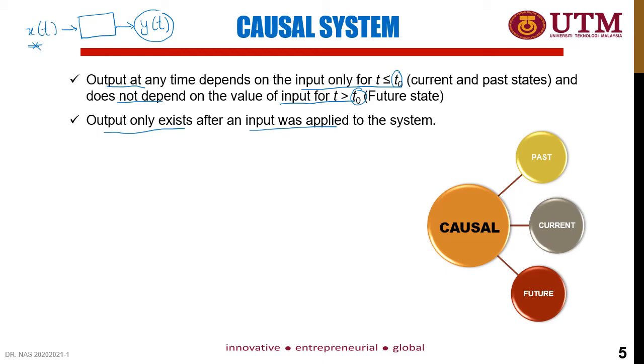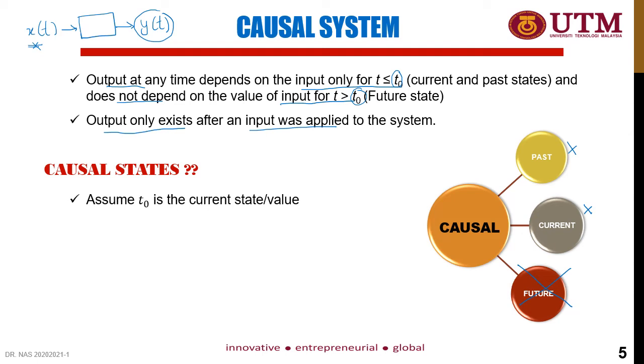Okay, the system is said to be causal when there are two conditions: when you have the past states and when you have the current state, but there's no future at all in a causal system. So what are the causal states?